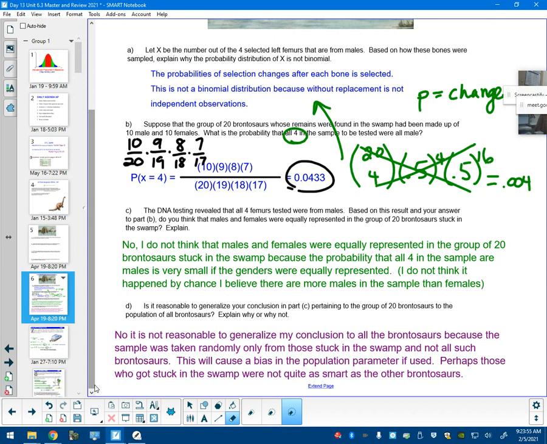The problem is they didn't put them back. And why would they in that case? It's not something they should have done if you're trying to randomly sample the bones found in this previous swampy area. So you can't generalize that out to all Brontosaurus, that most of them were male or something of that sort, because this was not randomly selected from the population of all such Brontosauri.